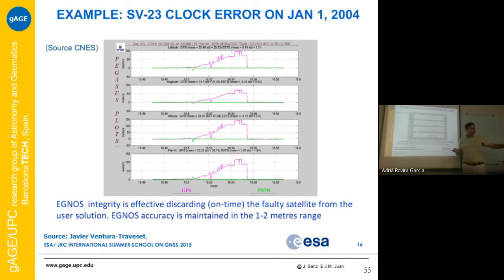So this is a working example in which EGNOS was able to detect the fault and protect the user. So if there was any airplane approaching the runway, it would proceed nominally with no problems. But without EGNOS, there were hundreds of meters, up to 100 meters of error. So when you are close to the ground, you need to have errors very well controlled.